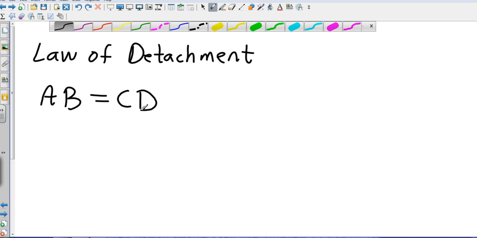The law of detachment says that if AB is equal to CD, then segment AB, again I'm just making it a little bit different, is congruent to segment CD. Again, took the initial values AB equal to CD and then just changed them into segments and made them congruent. Didn't change the statement. They're still equal to each other. Congruent is just another name for equals.